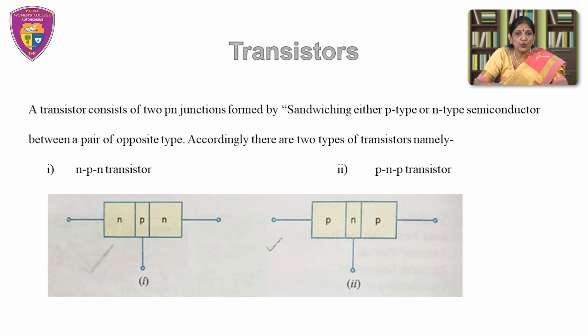First, there are two p-n junctions, therefore a transistor is regarded as a combination of two diodes connected back to back. Second, there are three terminals, one taken from each type of semiconductor. Third, the middle section is a very thin layer. This is the most important factor in the function of transistor.